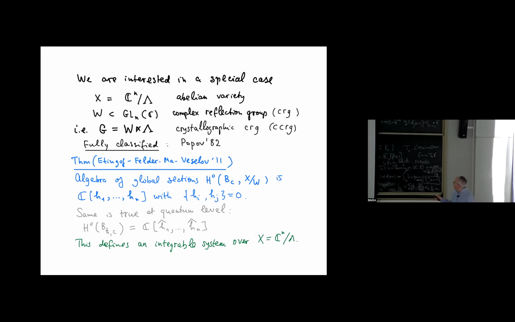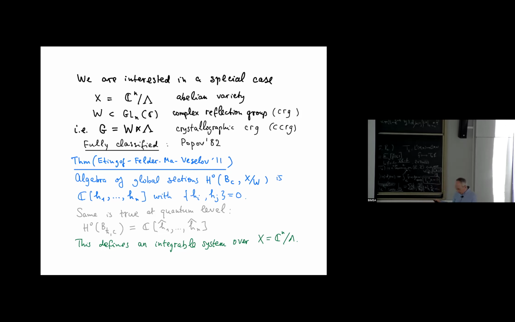So a complex reflection group, if you know about Coxeter groups, is a generalization where you allow reflections of higher order than 2. And there is a full classification of finite groups W like that. But then if you cross them with the lattice, you obtain what is called a crystallographic complex reflection group, or in my title for the talk, it was elliptic crystallographic, elliptic complex reflection group.